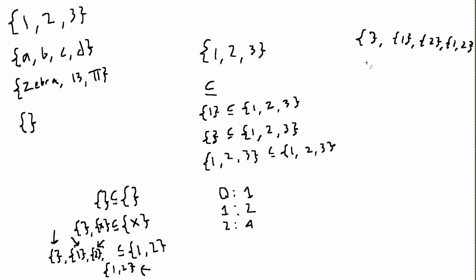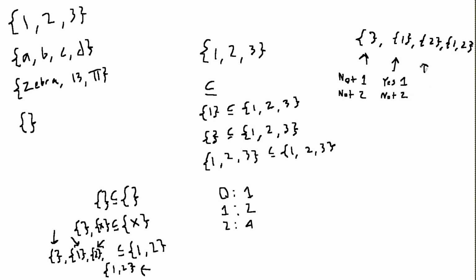So let's think about why that's actually possible. Really, we can say this one contains not 1 and not 2. This one contains yes 1, not 2.